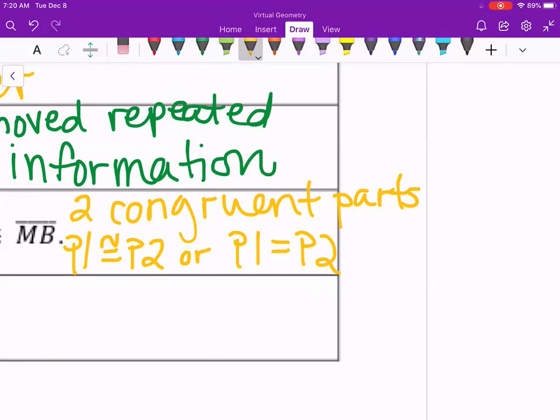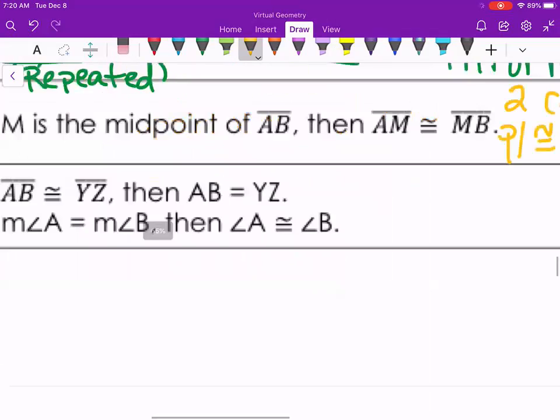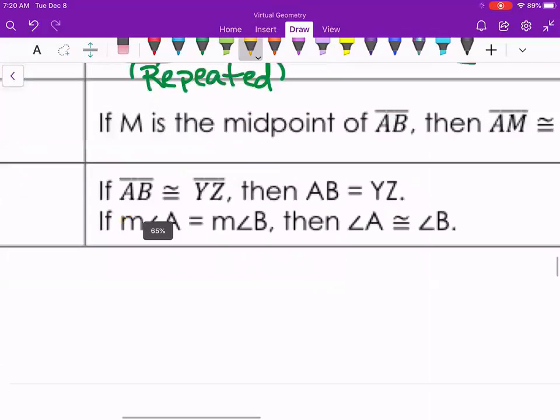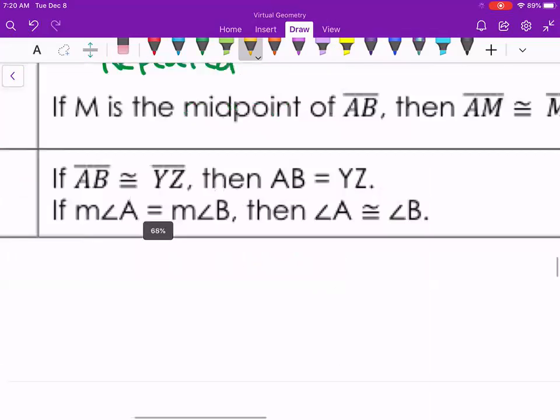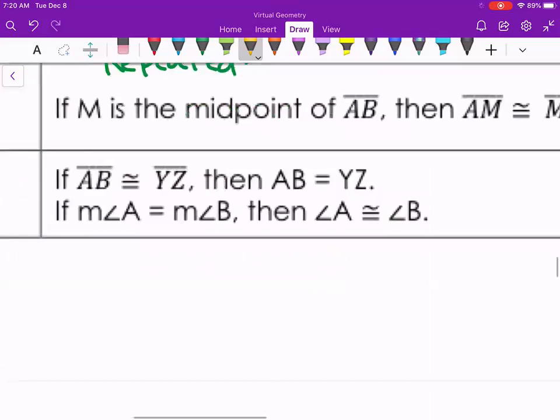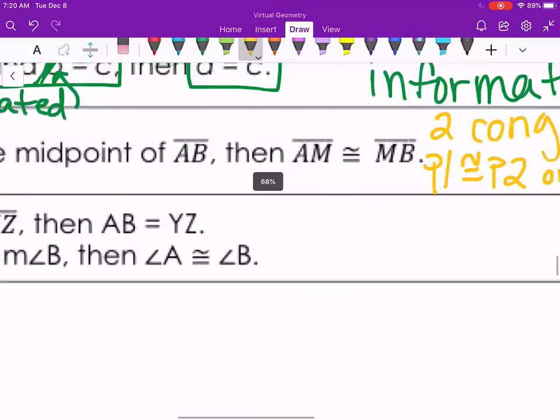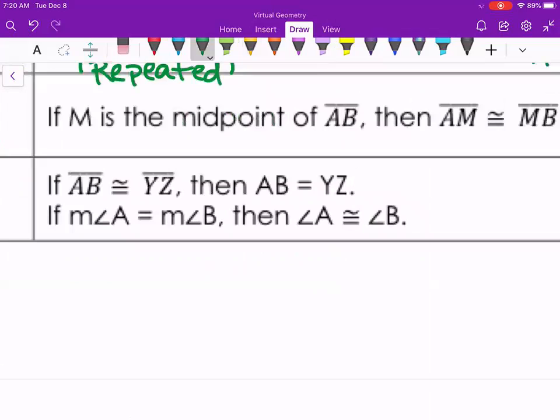Now, our last property that's down here is the definition of congruence property. And this one could go two different ways. So one way says we can start with our statement being two things are congruent and move to say that then they must be equal.